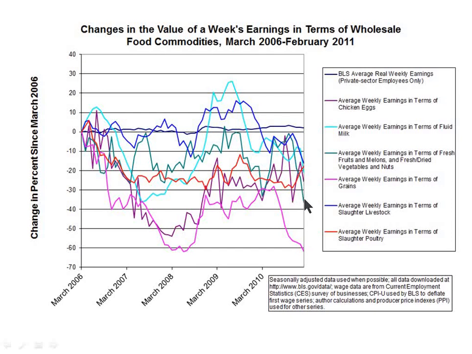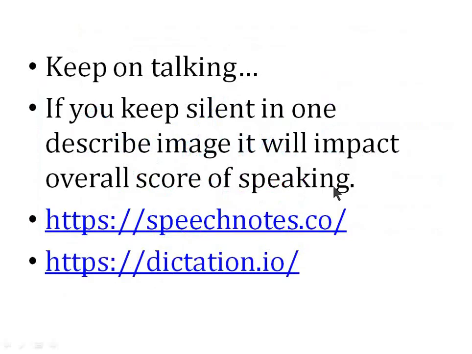So this is how, just pick any variable, pick anything and keep on talking for 40 seconds, because if you don't understand the graph, don't keep silence. Make sure you talk anything at all. So at last, just keep on talking as I've said earlier.